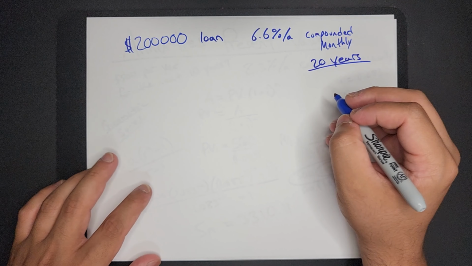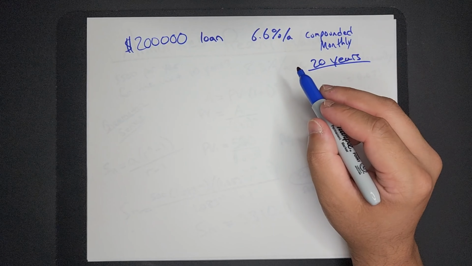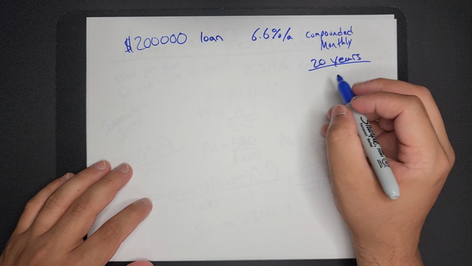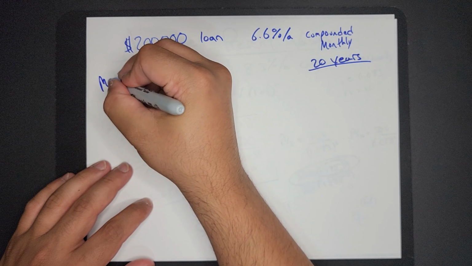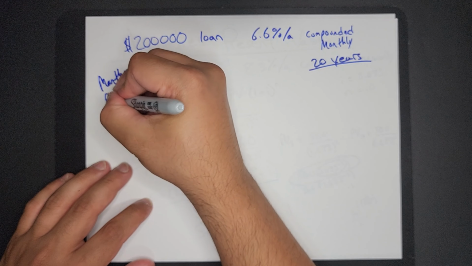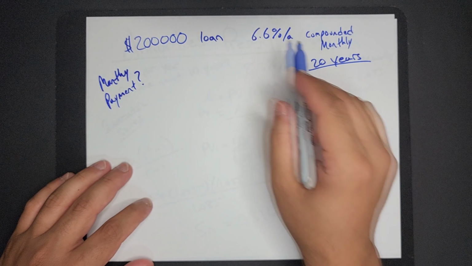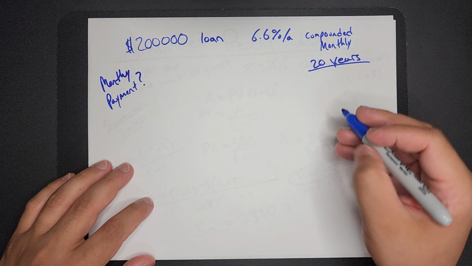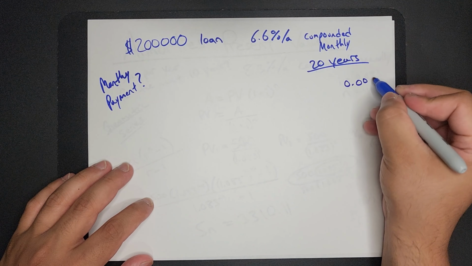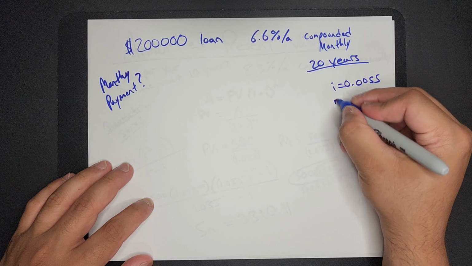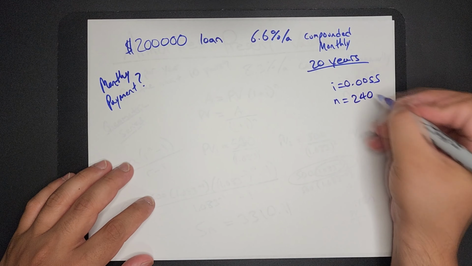So let's say I want to take this information and find out how much I'll be paying monthly. Let's start off with the interest rate compounding monthly. So 6.6 over 12 should give me 0.0055, and my n value, 20 times 12, should give me 240.